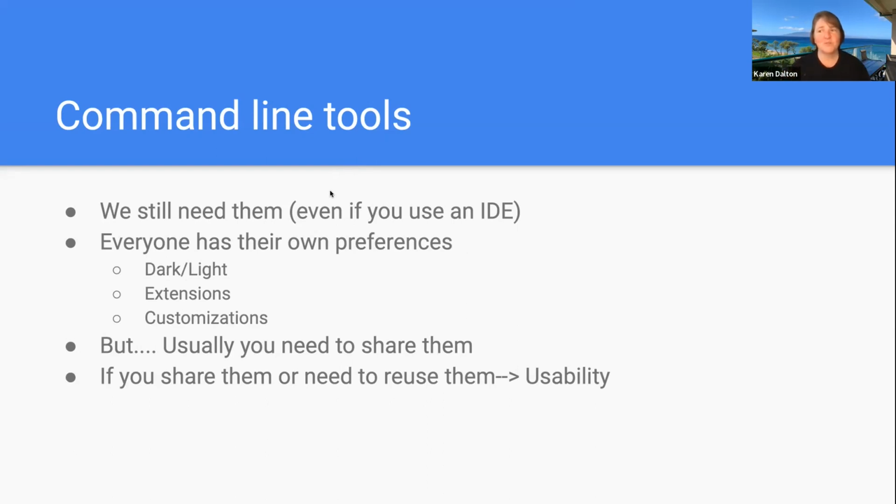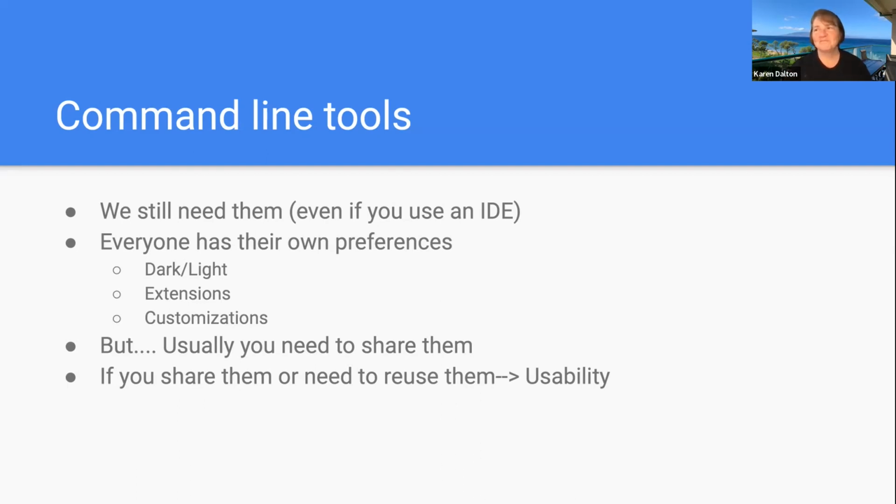Your scripts at some point, if you share them or need to reuse them, usability is a big concern. I mean, probably not anybody on this call, but occasionally, maybe you've written a script one time 6 months ago, and you commented some stuff out and you knew how to run it 6 months ago, but you go back to it and you're not quite sure what arguments you're supposed to pass, even for yourself.